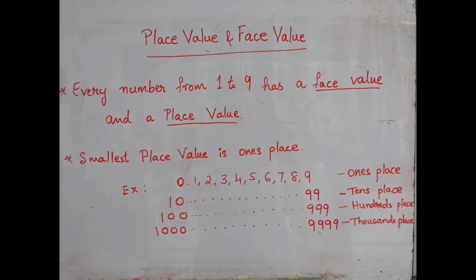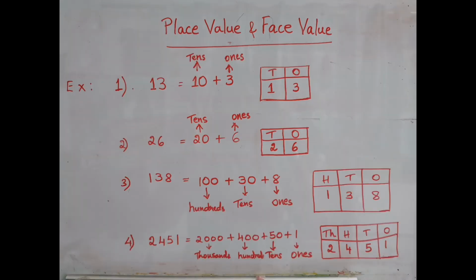So 1000 is the smallest four digit number and 9999 is the greatest four digit number. The process continues similarly, but I have taken it till four digit numbers, 1000 to 9999. Now I am going to tell you how to expand the number and write the place value.